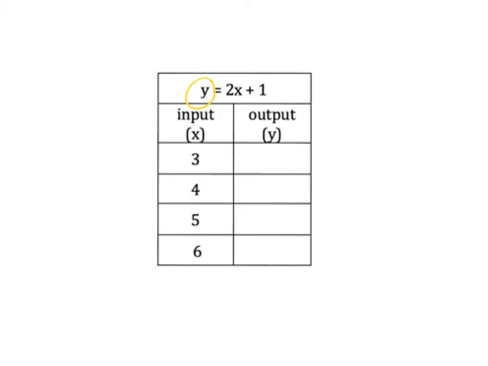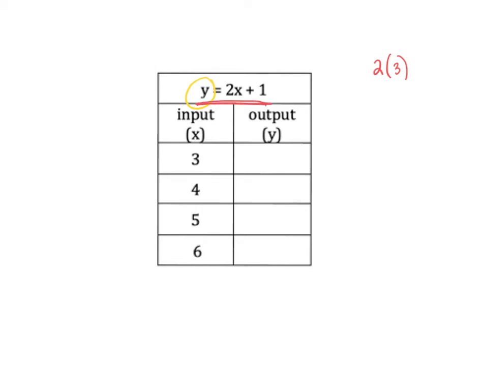So let's do that. I'm going to go through my inputs, and I'm going to fill out the rest of my table. I see that my first input is 3. So I know that 3 is going to be multiplied by 2. So I'm going to show my work over here. If I replace the x from my equation, it's up here.